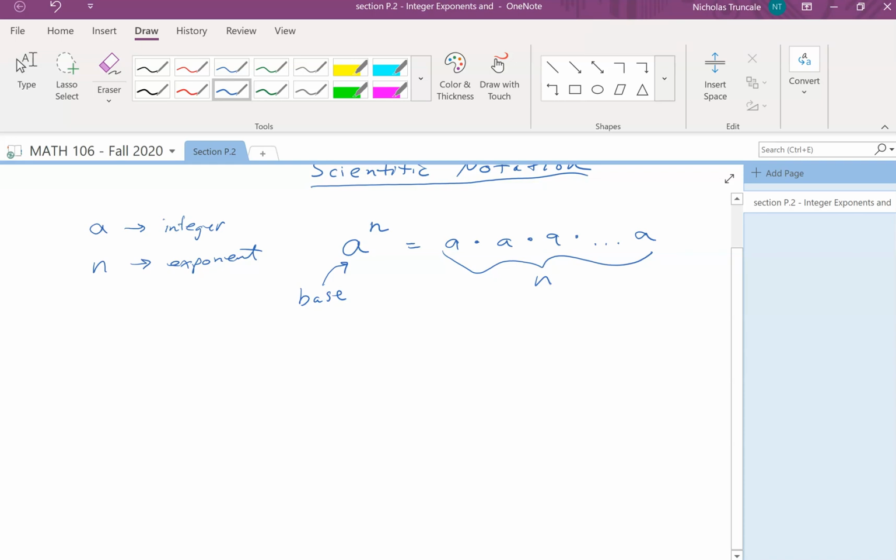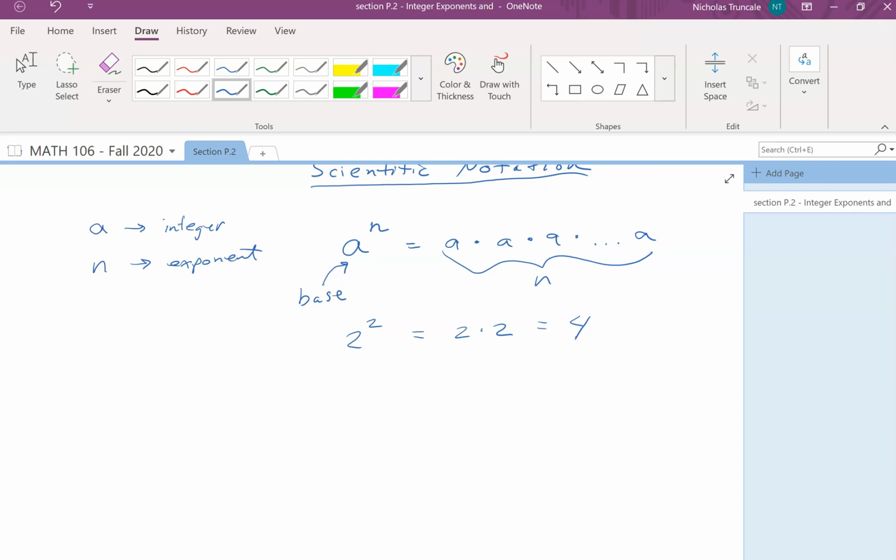Right? So when you do something like 2 squared, something really simple, the exponent is 2, which means I'm going to be multiplying the base 2 times. So it's just basically 2 times 2, and we get 4. Okay?